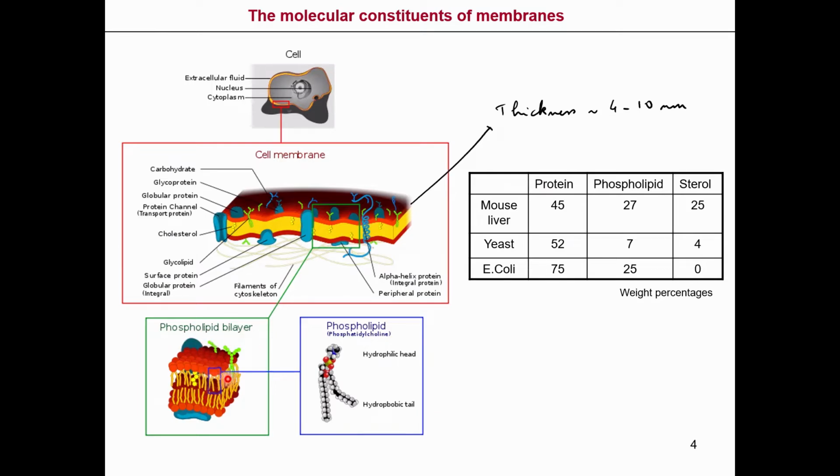So you have two layers composed of phospholipid, but also of other things, we will see that, sterol and proteins, okay? So the main components are proteins and phospholipids. We'll start with the phospholipid.